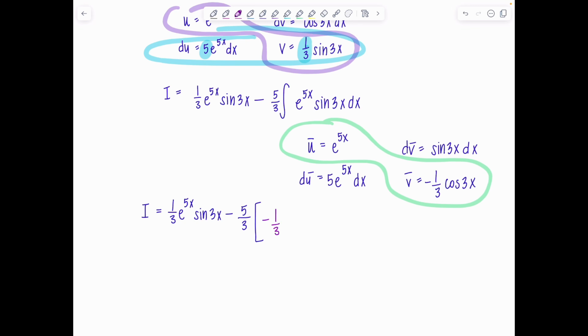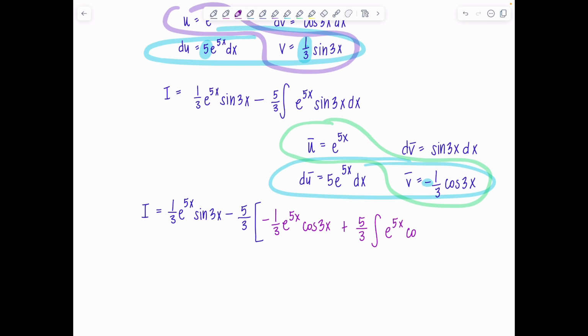Negative 1/3 e to the 5x cosine 3x. And then I'm going to have minus du bar v bar. But see how there's a minus? That's going to make it a plus. 5/3 goes outside. And then we have e to the 5x cosine 3x dx.